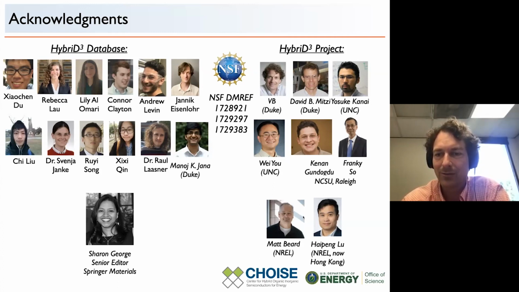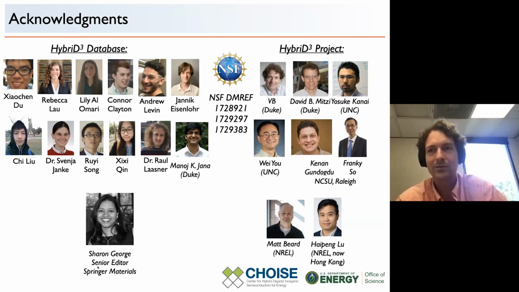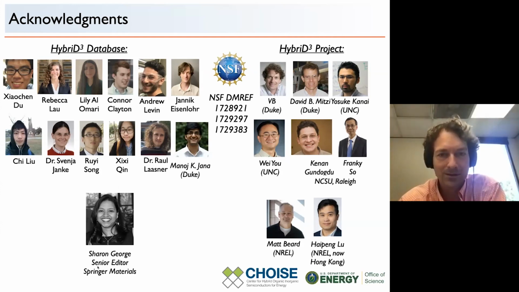And Matt Beard and Haiping Lu have supported this from CHOISE. And I should mention Springer Materials, because that will play a role towards the end of my talk, and Sharon George, in particular, the senior editor in Springer Materials, responsible for these things. We've worked together well, also in other contexts over the years.